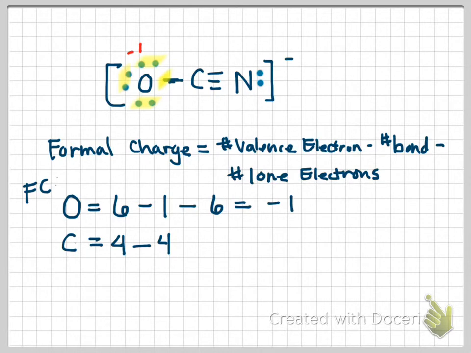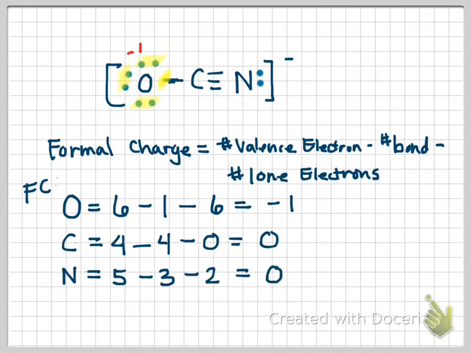Carbon has no lone pairs, no lone electrons on it, so the formal charge on carbon is 0. And then lastly, nitrogen has a formal charge of 5 valence electrons minus 3 bonds minus 2 electrons, and so it has a formal charge of 0. And so that works out well.